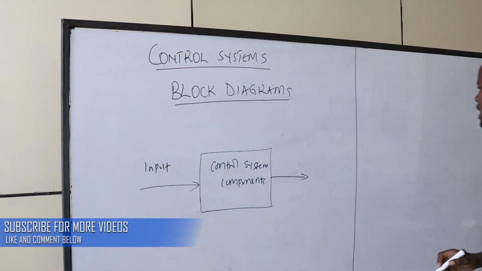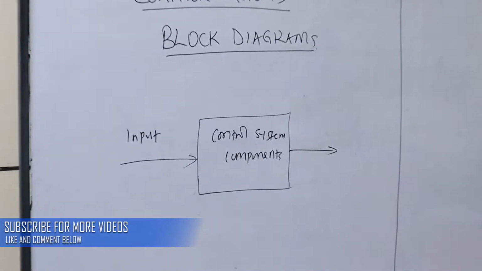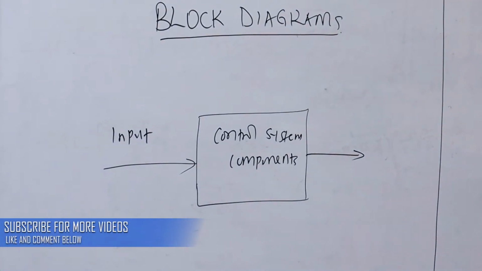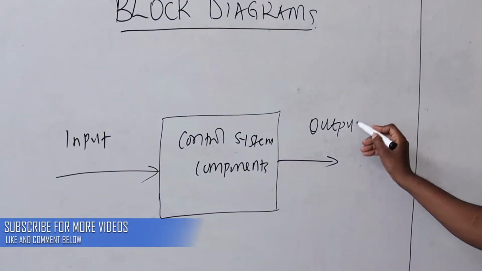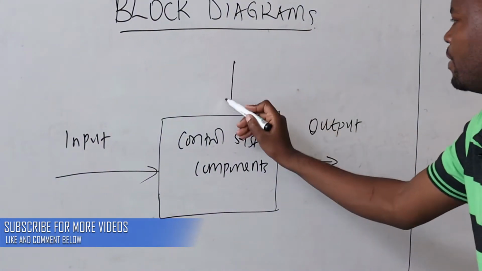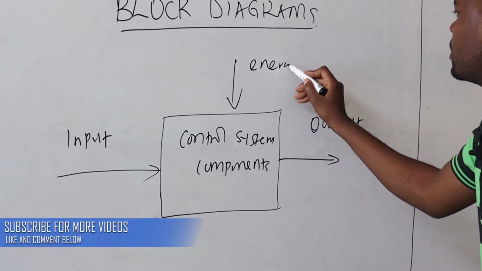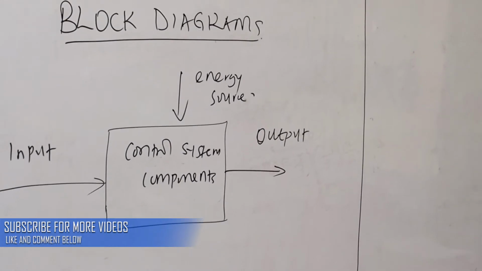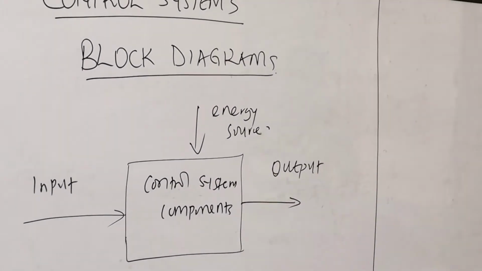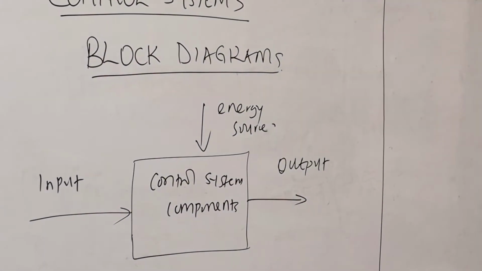Then there we can have the output, and of course we must have the energy source. So here we can have the output, and here we can have the energy source. So that is a basic block diagram that can be used.